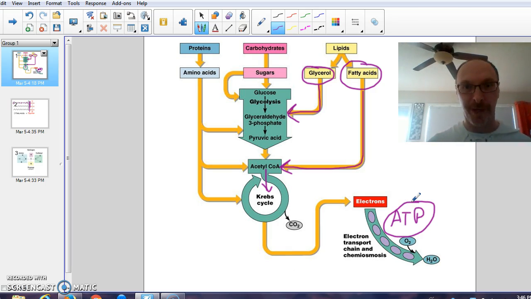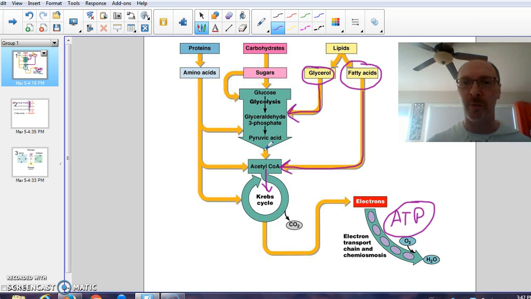Usually the body is going to switch to fats, or triglycerides, as an energy source when there isn't much carbohydrate around, typically when there are diet imbalances, or we're in survival mode because of a lack of nutrients.